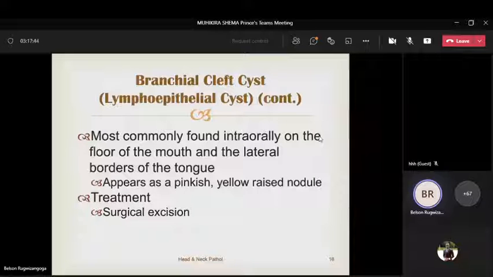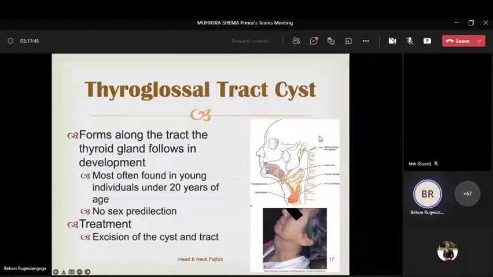A thyroglossal cyst is a developmental abnormality, as you learned in embryology. It is said that the thyroid gland develops together with the other parts of the oral cavity, but as embryogenesis goes on, the thyroid will migrate lower, to the anterior aspect of the neck. Sometimes some parts of the thyroid are left behind here.